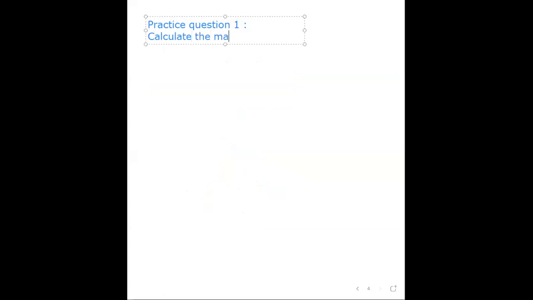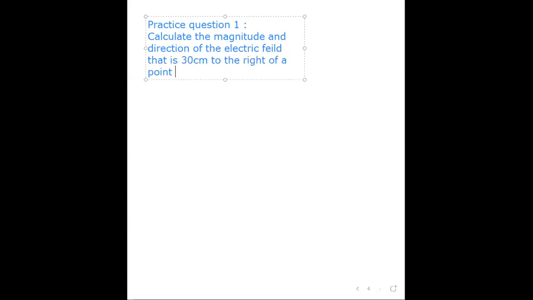Calculate the magnitude and direction of the electric field that is 30 centimeters to the right of a point that is charged with minus 3.0 microcoulombs. For notation, I just put U, but it's supposed to be microcoulombs.